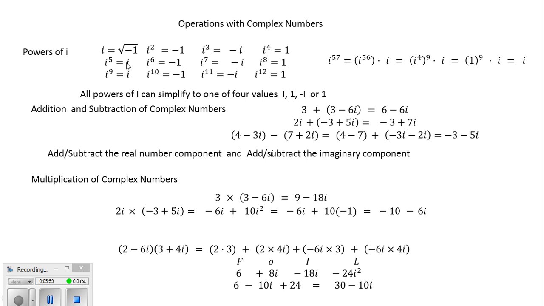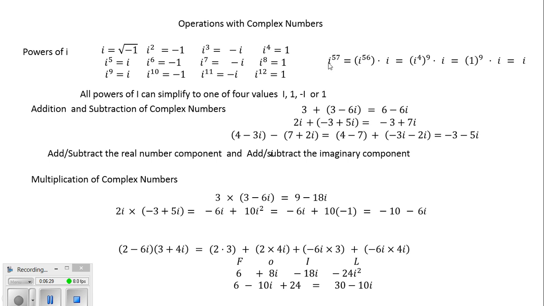Because it's i to the fourth times i, and i to the fourth is 1, so it's i. i to the 11th is what? Well, you have to find a power of 4. So this is i to the 8th times i cubed. i to the 8th is i to the 4th squared, so that's 1. So this falls to be the same thing as i cubed, which is negative i.